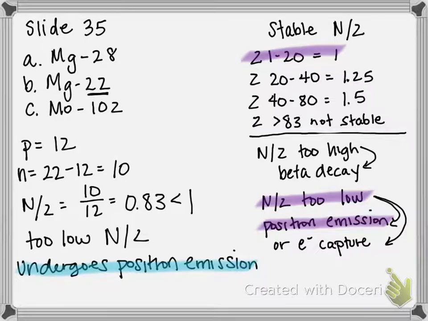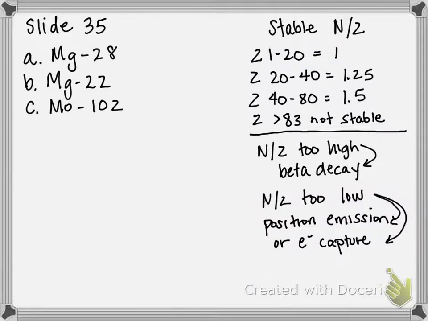And then finally, for part C, we have Mo-102, that is molybdenum. So we have a mass number of 102, and if we look at the periodic table, molybdenum has 42 protons.